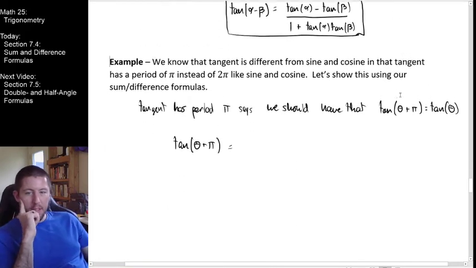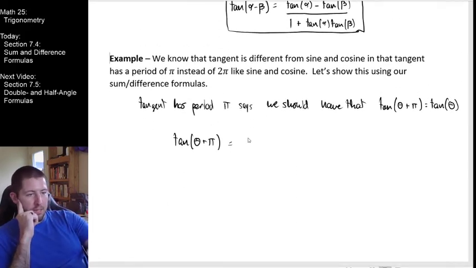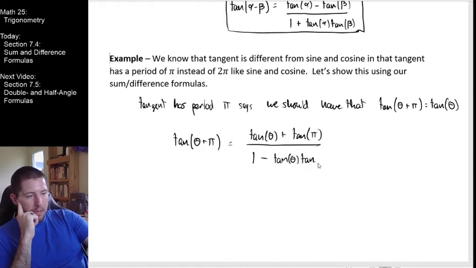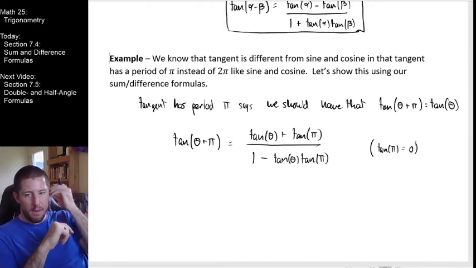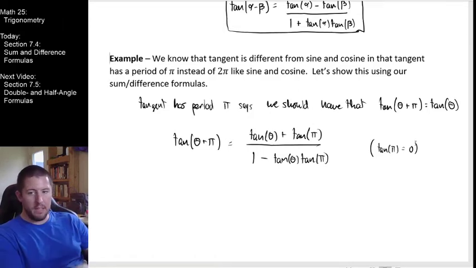So I remember this one right here. So I'm going to write this here: tan A plus tan B, all over 1 minus tan A tan B. There, we got it. And we remember that tangent of pi is equal to 0, right? Because sine over cosine, sine of pi is 0, and 0 over 1 gives us 0.